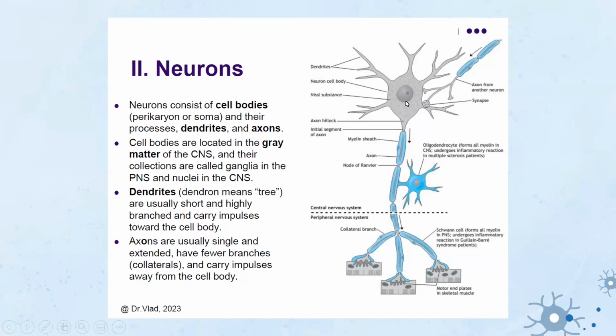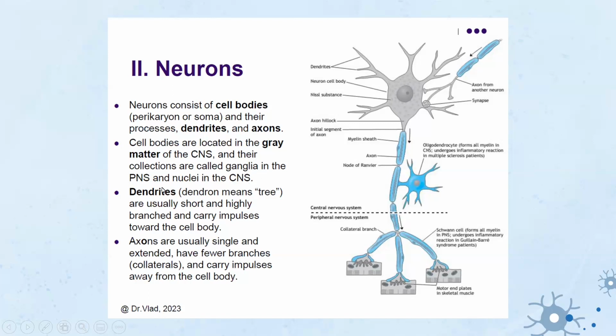More than one cell body is called ganglia. This is what they refer to by collections. Collections are multiple cell bodies, and they're called ganglia in the peripheral nervous system and nuclei in the CNS. So whenever you see a collection of cell bodies in the CNS, they're called nuclei. But if they're in the PNS, they're called ganglia, the plural form of ganglion.